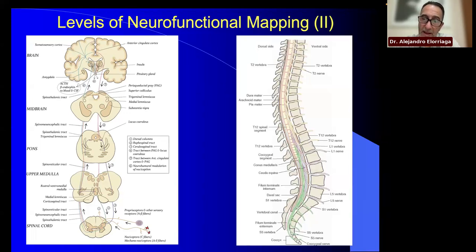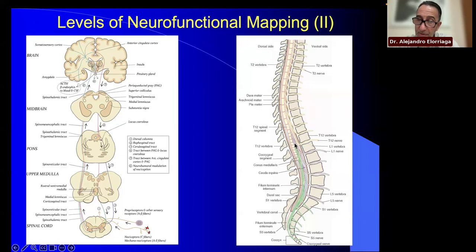Then you can also combine a stimulation or neuromodulation at different levels. You can go to the level of the exit of the spinal nerve, which will take place at the level of the vertebrae that carries that name.